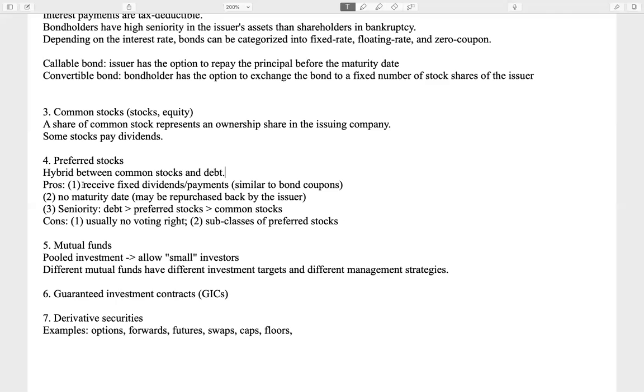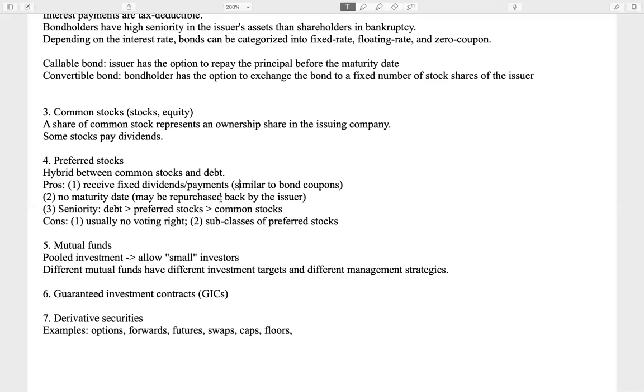Similar to a bond, a preferred stock also gives its owners some fixed payments. We also call this dividends, but this dividend is not the same as the dividends of common stocks. That's why it may be safer to just call them fixed payments. That is very similar to bond coupons, right? You receive some fixed payments.